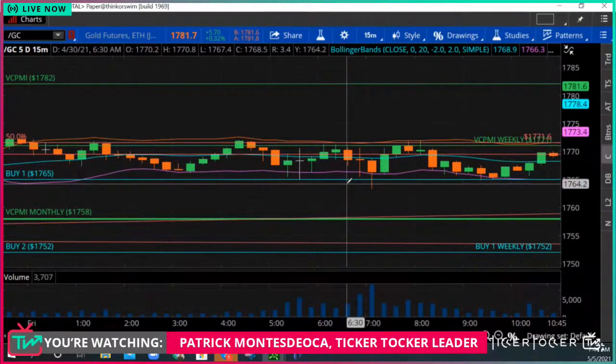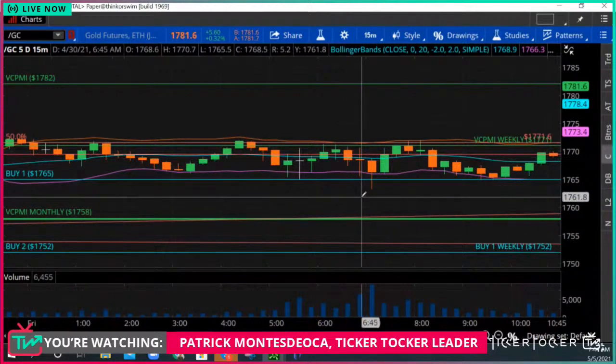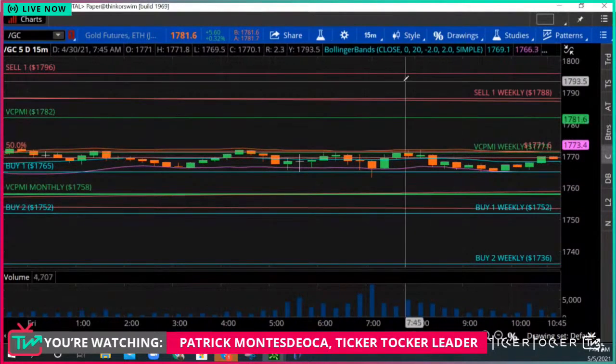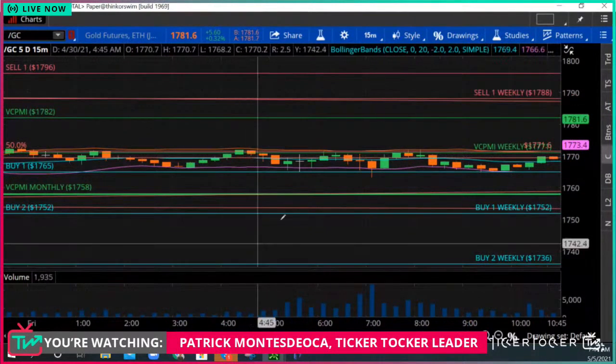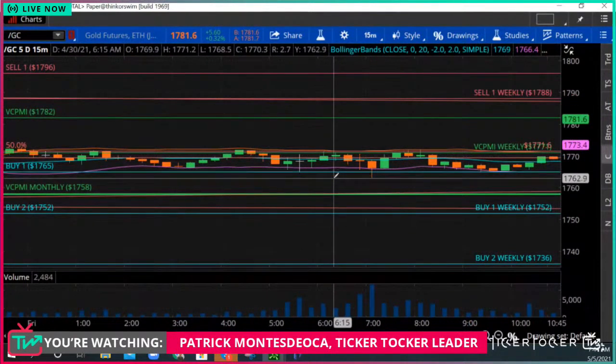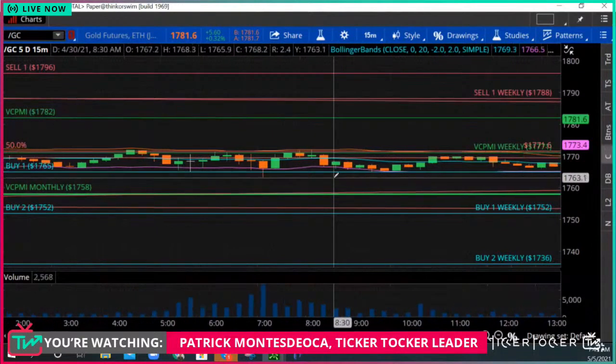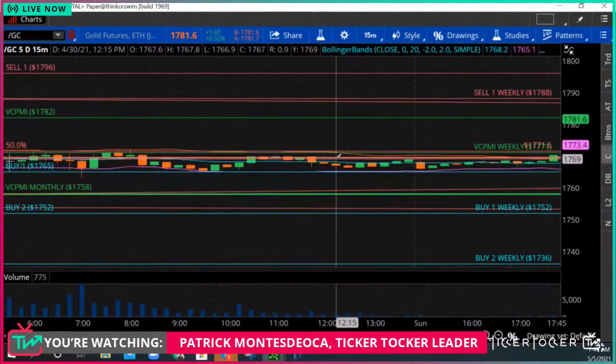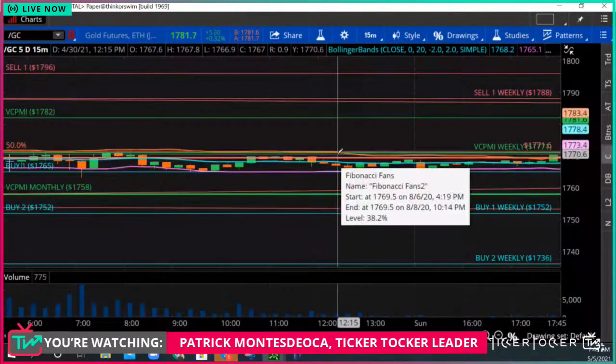This is where you accumulate inventory. Above the red is distribution of the supply. So when it comes down to that buy one level, you accumulate supply, inventory. You want to trade it, you trade it against the targets above.